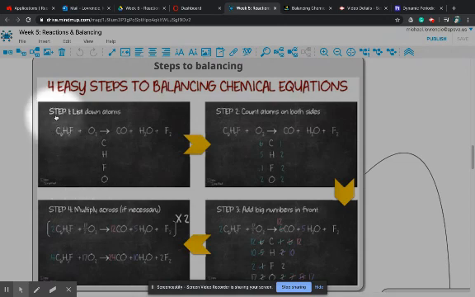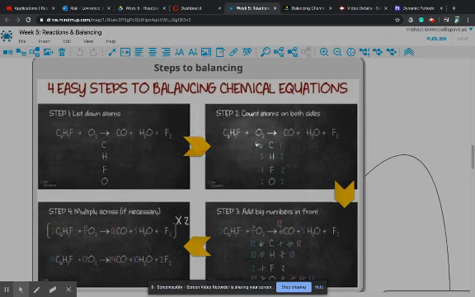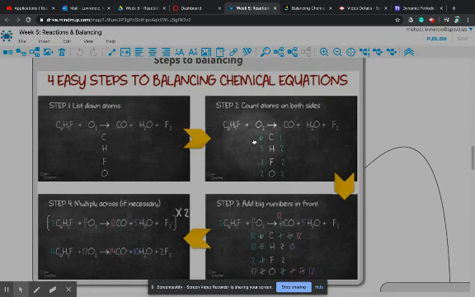So if we look at this example, this is a combustion of this fluorine compound, where you're getting carbon monoxide, water, and fluorine gas probably. List the elements and then count up the number of each element on either side. In this case, we have 6 carbon atoms, 5 hydrogen atoms, 1 fluorine atom, and 2 oxygen atoms.